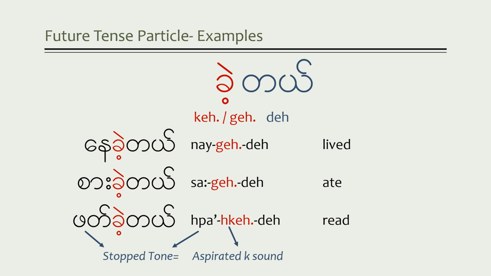And when that happens, the aspirated consonant that follows is pronounced without aspiration. In this case, giving it more of the G sound, ge. But in the third example, a stop tone preceded it, pat. And that's when it's pronounced with aspiration, the harder K sound.